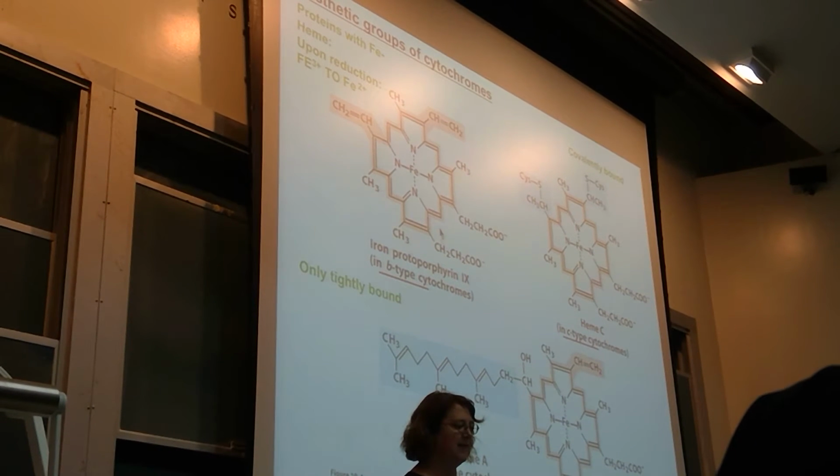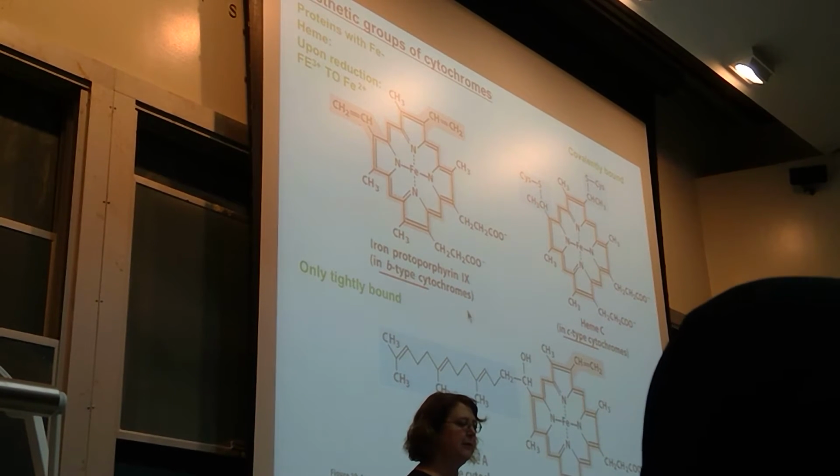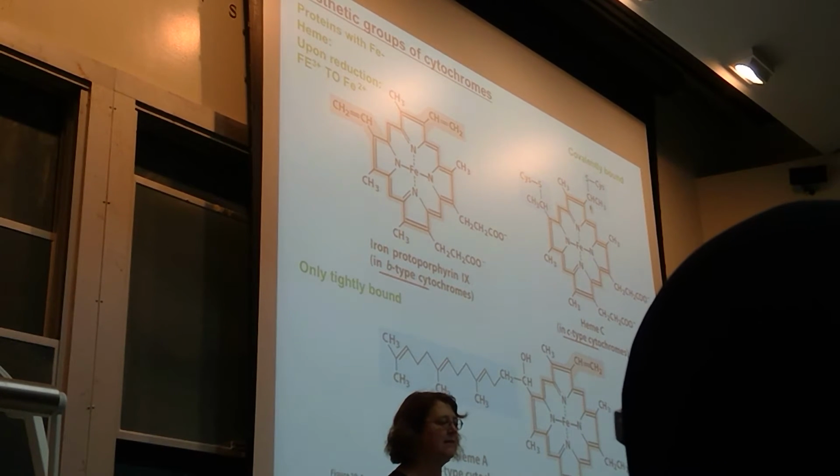In this case, the B type and the A type are tightly bound to the proteins they're associated with, and the C type is covalently bound, via these thioester groups here.